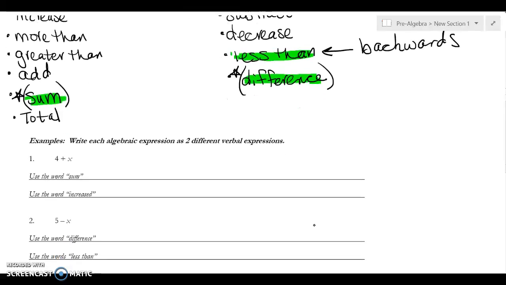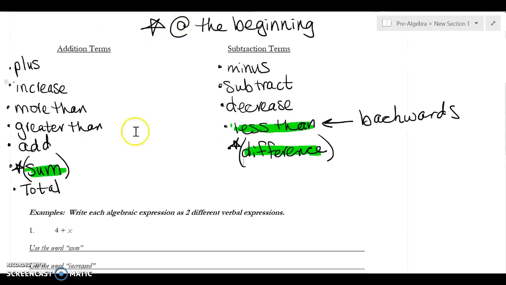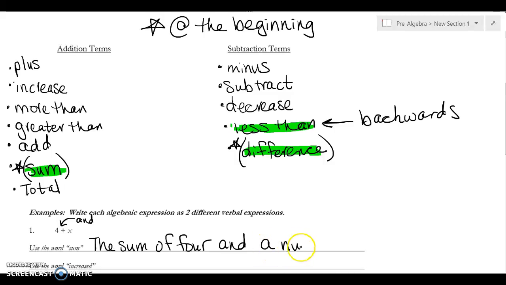So I want us to write an expression with these two words. The first one's sum. If you notice, sum is a star, which means it goes at the beginning. So the way this will look is it'll say the sum of, now it has to go in order. Since 4 comes first, it's going to say 4. Wherever you see the plus sign, that's where the and goes for sum. And x, and instead of x, I write a number. Increase, there's nothing special about increase.